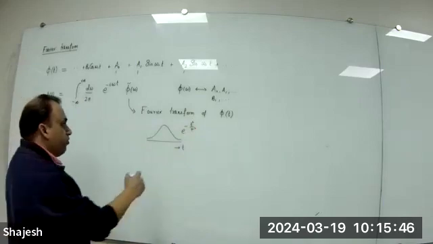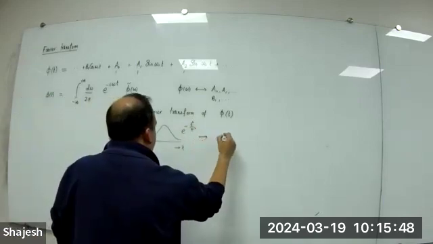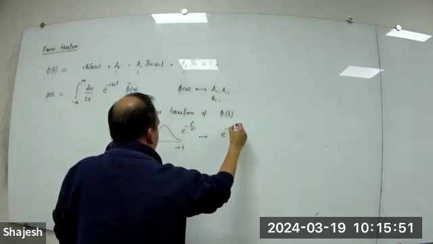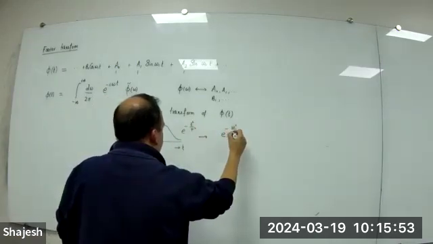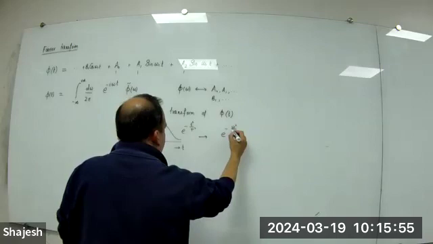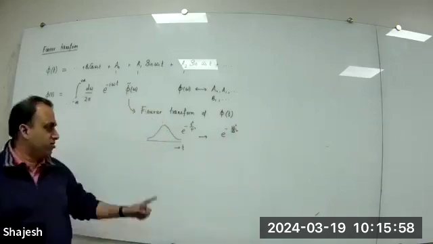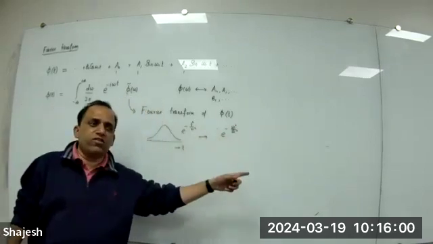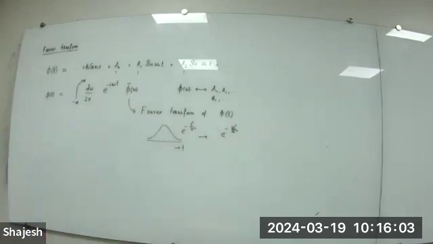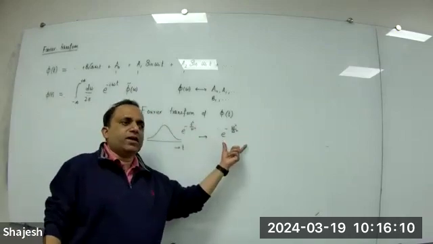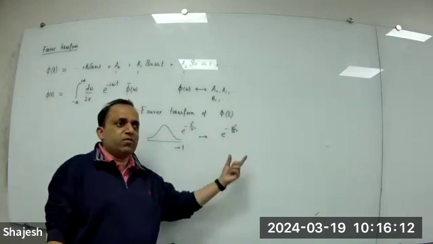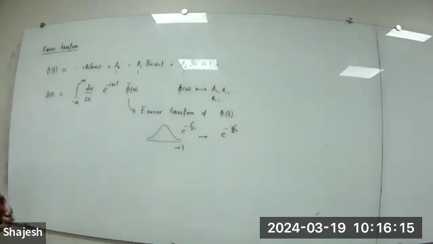So the Fourier transform of this would be exponential of minus omega square over a new function, let's say omega tilde square. The shape of this function will be identical, and you exploit this in quantum mechanics a lot. If you have a wave function of this kind, its Fourier transform will again have exactly the same shape. It might squeeze or it might stretch, that is all possible. So that's your Fourier transform.